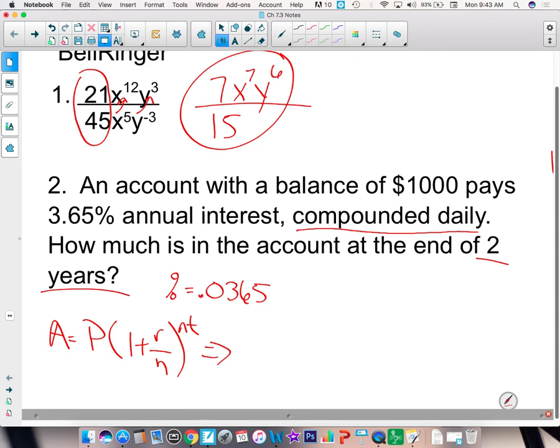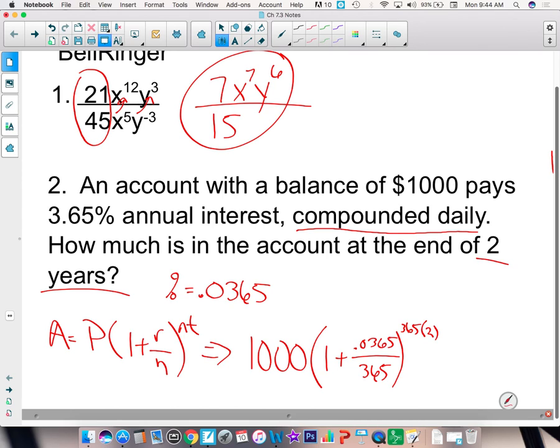The amount that I started with is $1,000. 1 plus our rate, 0.0365, and then the number of times compounded. Okay, compounded daily. How many days are in a year? 365. Okay, to the 365 times 2.